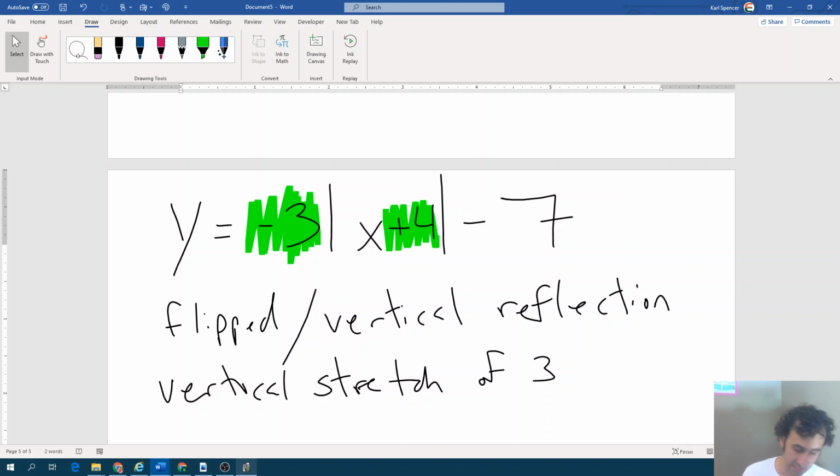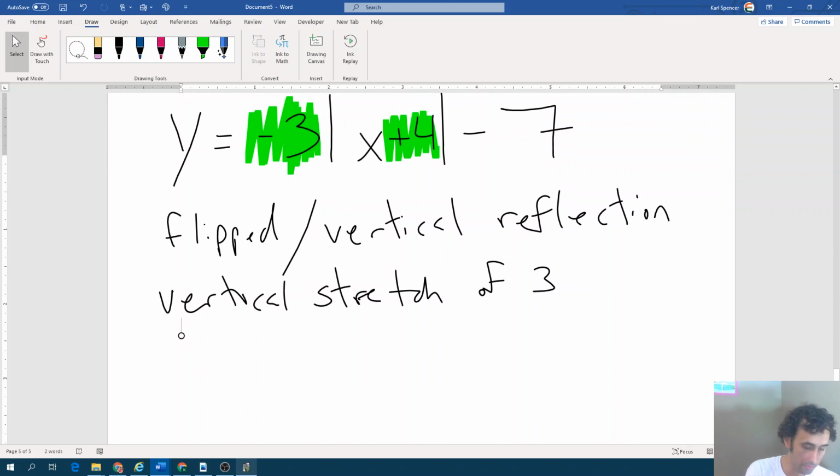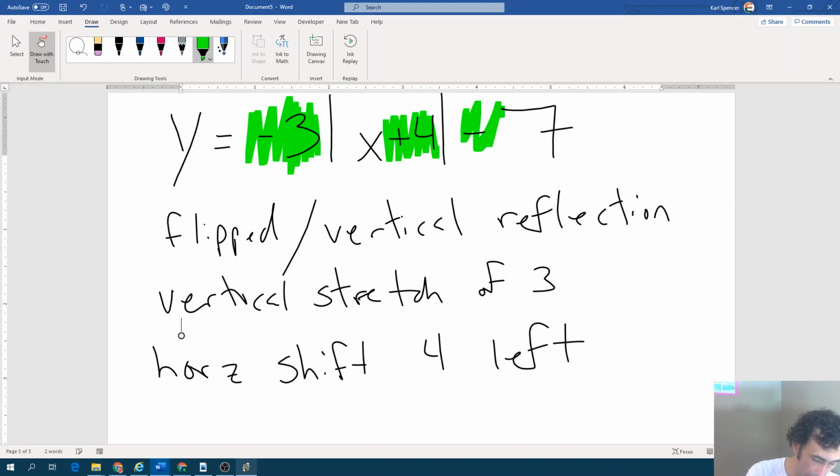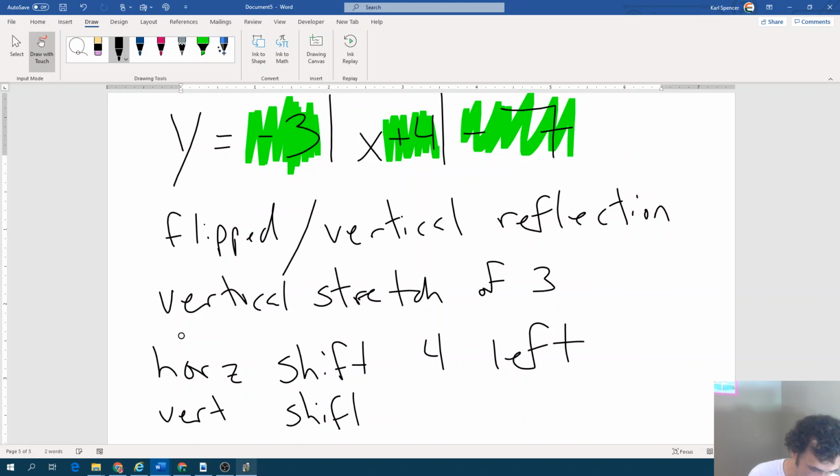Because that +4 is on the inside, that's our horizontal movement, and we do the opposite of the sign. It's a horizontal shift 4 units left. And finally, what does that 7 do? That -7 is a vertical shift. We're going 7 down. So we can put all these pieces together.